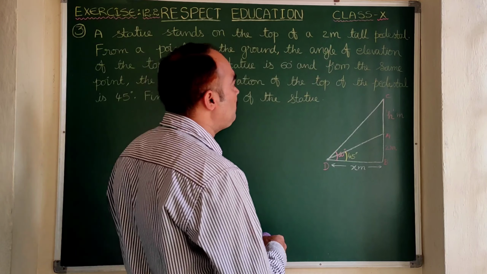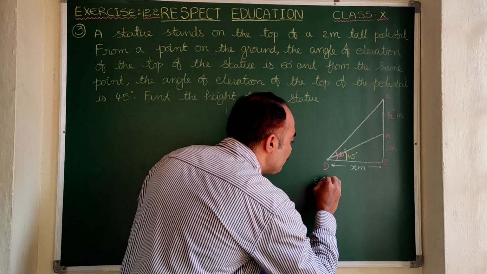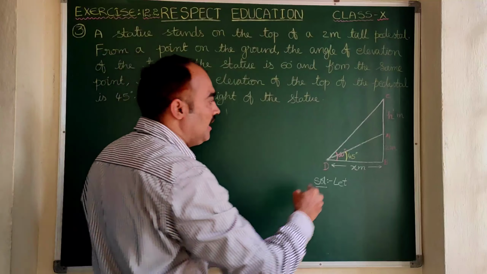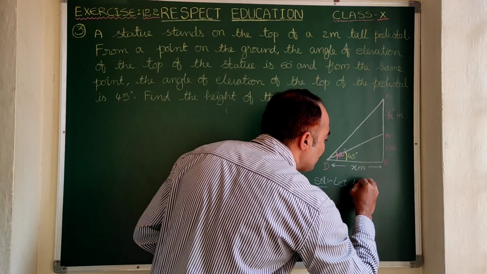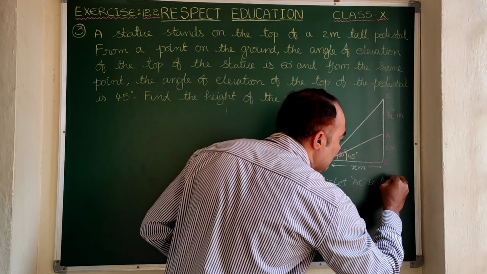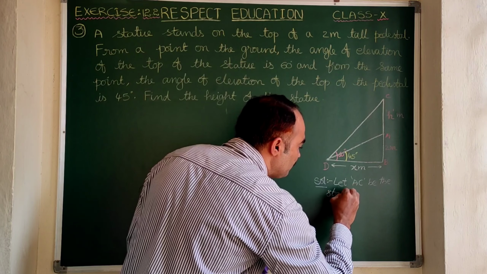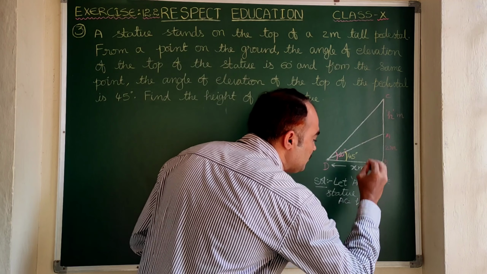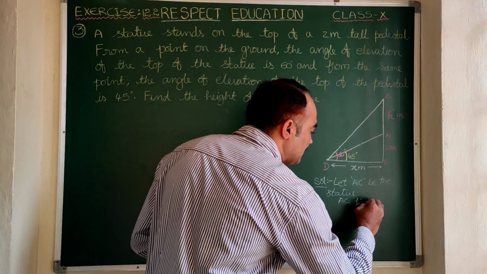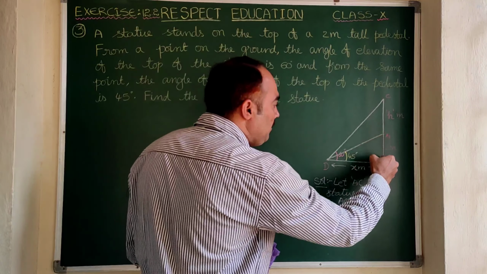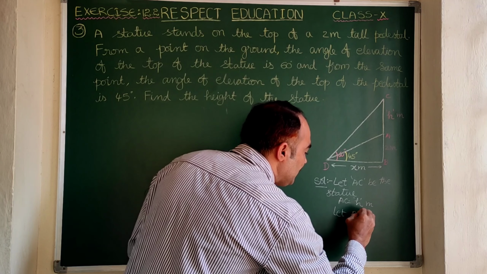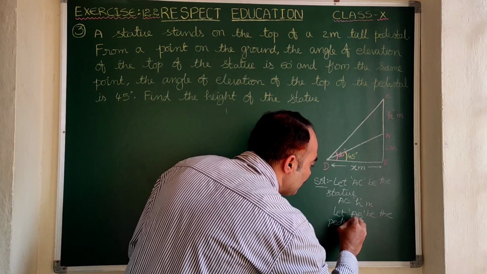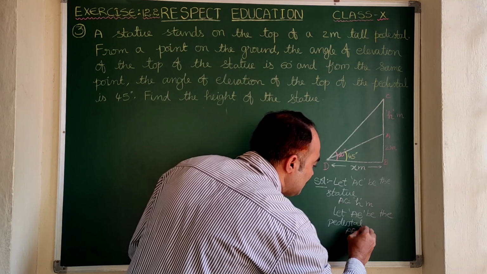Now let us start solving this problem. First, what is mentioned? A statue. Let AC be the statue, in fact the height of the statue. So AC is equal to H meters. And let AB be the pedestal, which is given as 2 meters.